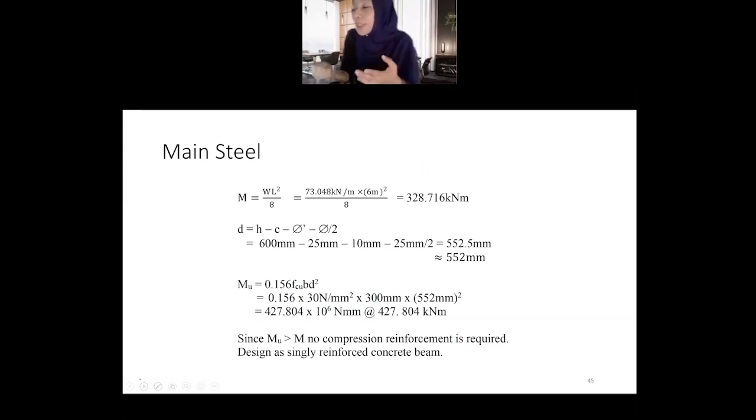After we normally do, what we do lepas kita kira design load, we need to calculate the design moment, ultimate design moment ataupun maximum bending moment kalau you masih ingat. Okay, using the formula of WL square over 8.